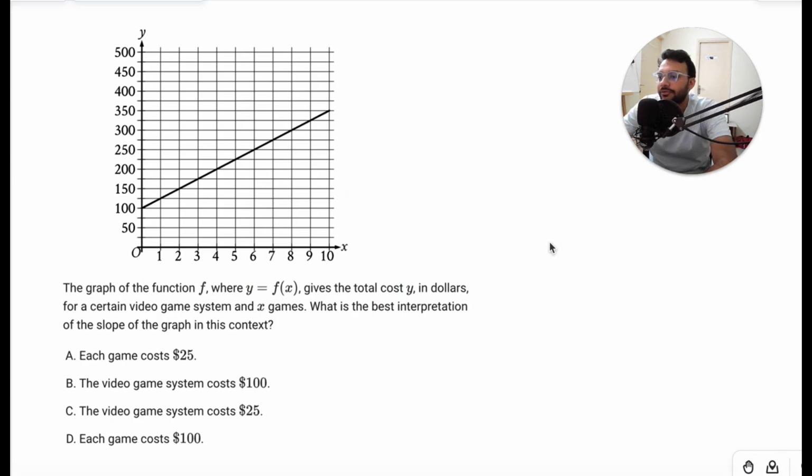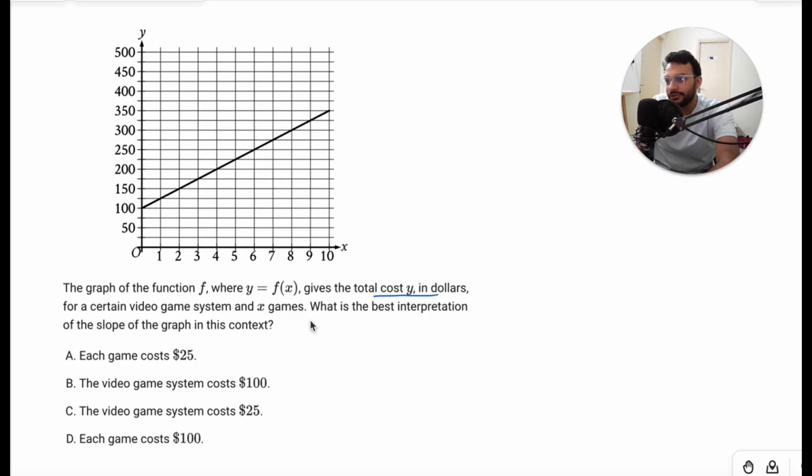Next question. The graph of the function f, where y is equal to f of x, gives the total cost y in dollars for a certain video game system and x games. What is the best representation of the slope of the graph in this context? Okay, so the graph gives the total cost y in dollars for a certain video game system and x games.